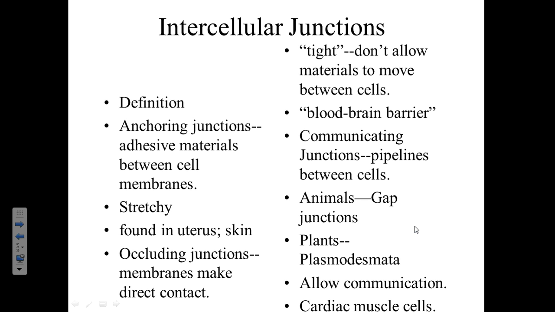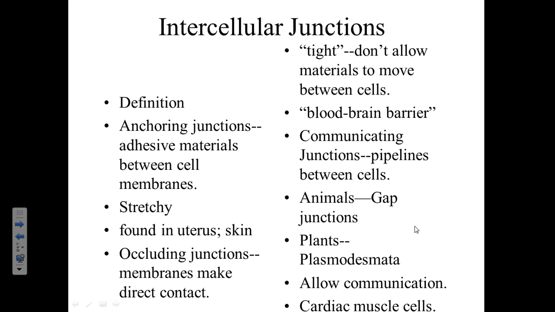The advantage of this is it's really stretchy. Maybe there are three places in your body where you need really stretchy connections. In your skin, when you think about your finger needing to be able to stretch. Your bladder, pretty important that it can stretch. And in you ladies, your uterus starts out about the size of a fist.